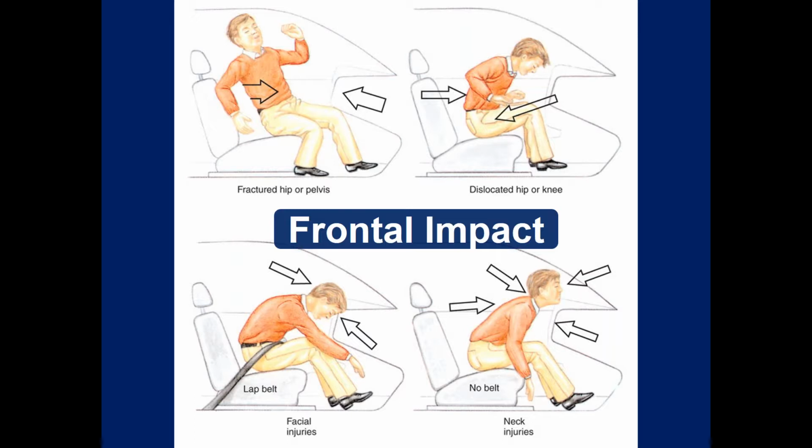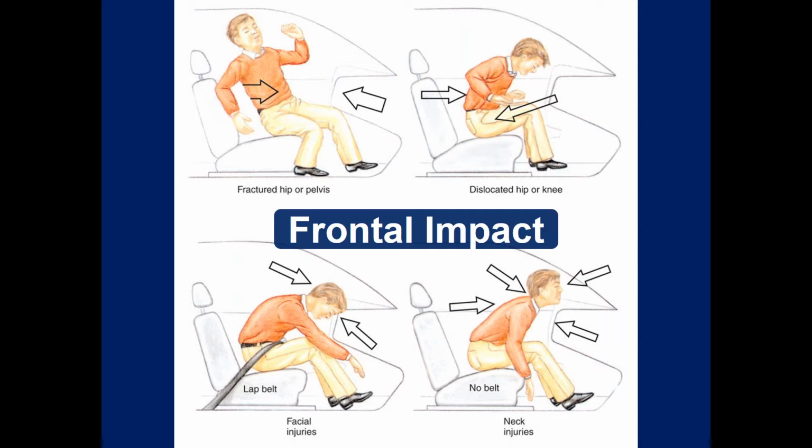We expect lower extremity injuries to the pelvis, knee, hip, femur, because the head is going to hit either the dashboard or the windshield, but the legs and the lower extremities are also going to come forward and hit a solid object inside of that car. So we start to see some injury to the knees. Maybe the knees hit hard enough to actually blow the hips right out of the socket and dislocate them. Maybe they break the heads right off the femur completely and just break that hip.